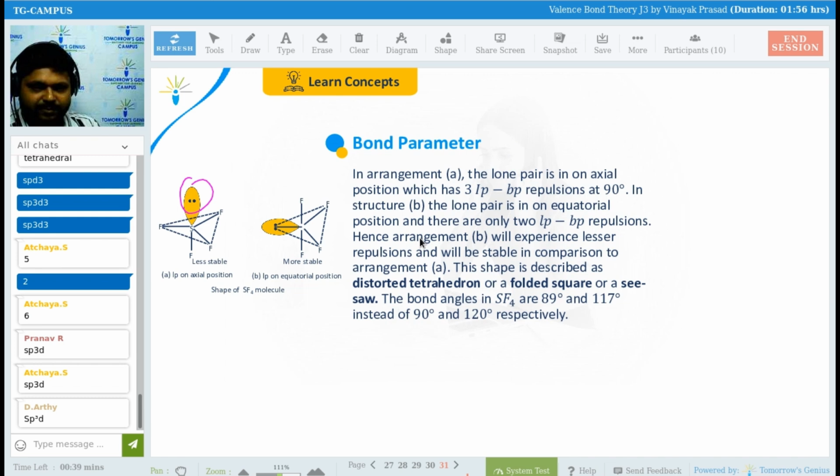So you can see here, there are 4 bonds. SF4 is also called seesaw. Getting my point, everyone? Is this clear to each and everyone? Okay, fine.